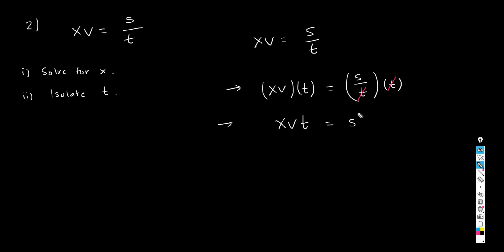Okay, going back to the word pass, I know that you can interpret what we just did. You can just look at this equation and say, okay, I'm just going to pass the t to the other side. It's dividing, so I'm going to pass it multiplying, and there it is, right?